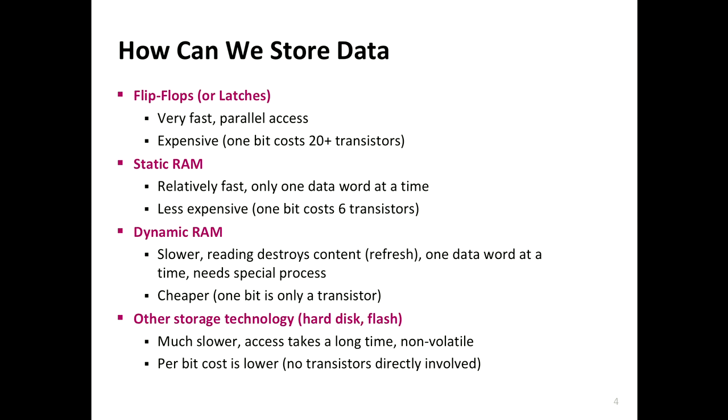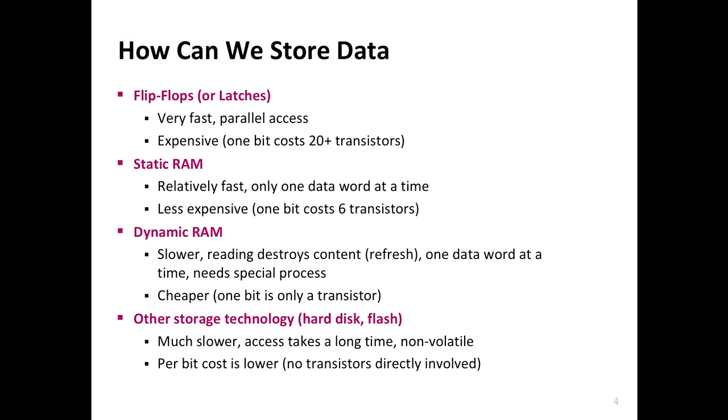So you need to recharge or refresh, and every time you do a readout, the capacitor leaks some charge, which means you need to refresh it, resulting in slower access time. So it's slower and reading destroys content, but it's cheaper because it's just 1 transistor and a capacitor.